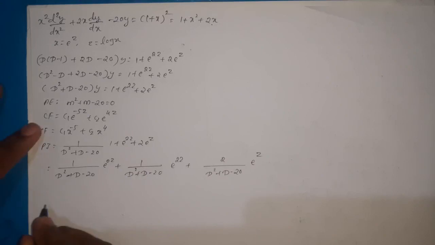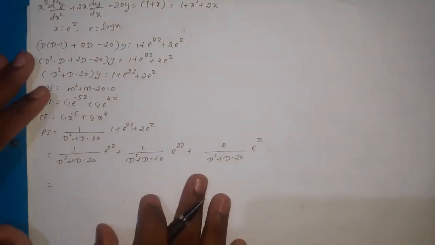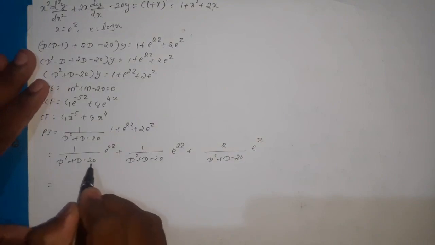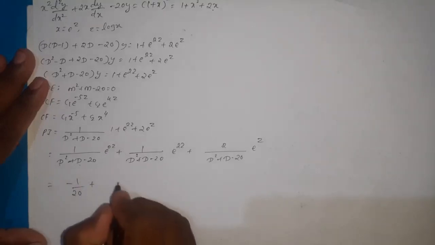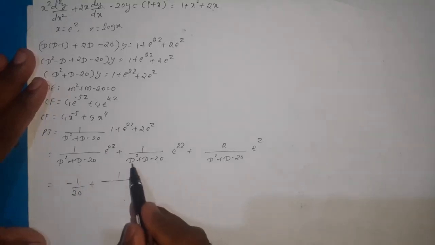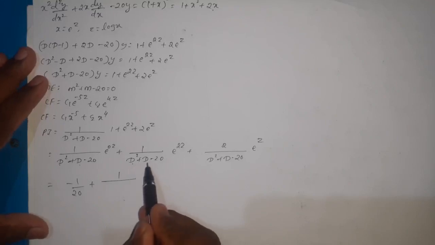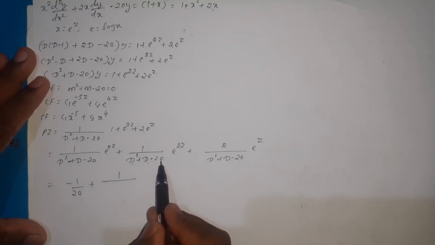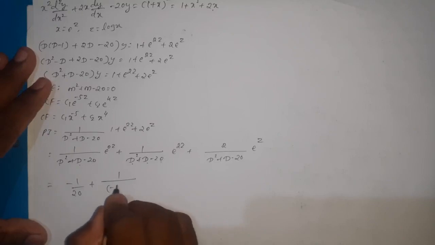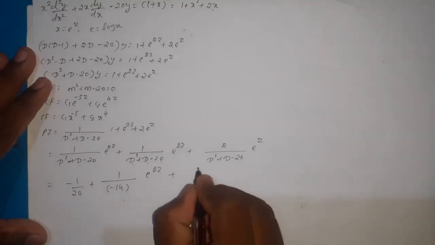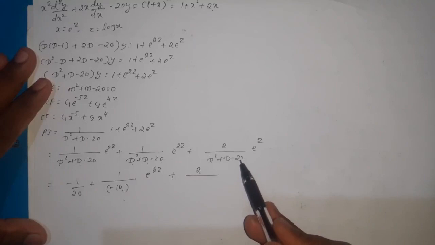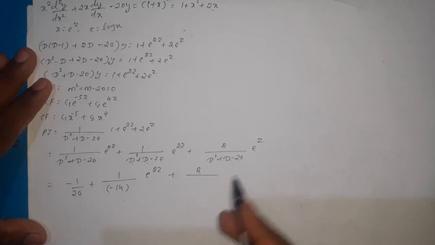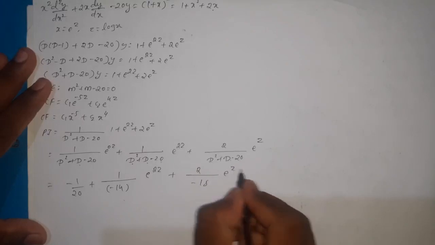Then for the first one d equal to 0, so 0, this is also 0, then remaining is 1 by minus 20, that is minus 1 by 20, and e power 0z is 1, plus 1 divided by, here d equal to 2, that is 4 plus 2, that becomes 6, 6 minus 20 is minus 14, into e power 2z, plus 2 divided by, here d equal to 1, so 1 plus 1 minus 20, so 1 plus 1 is 2, then 2 minus 20 is minus 18, e power z.